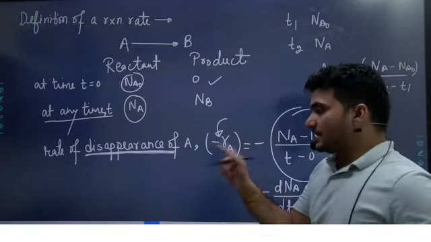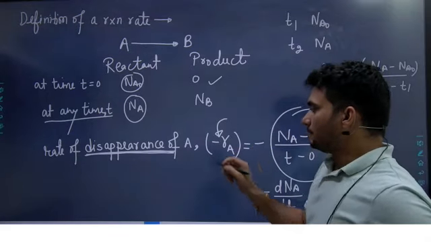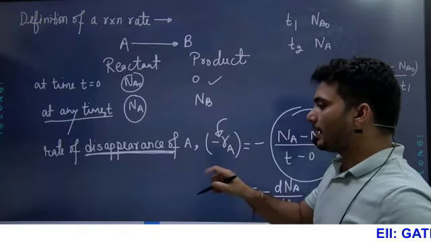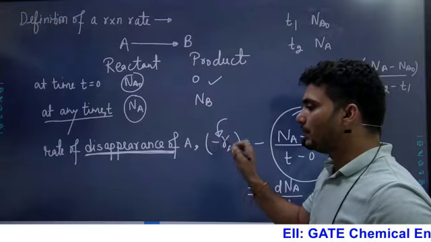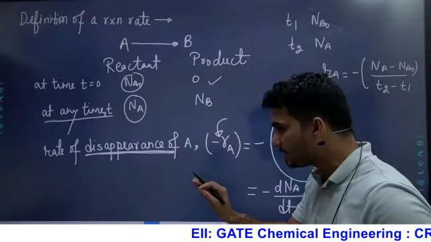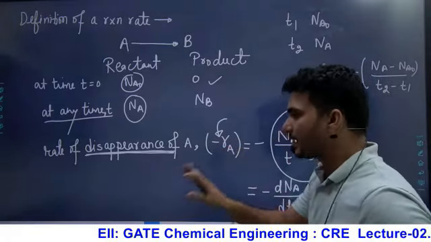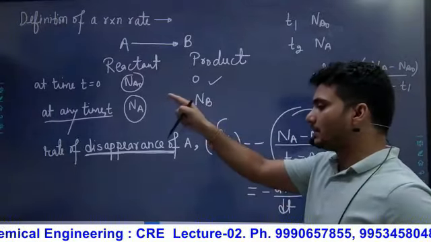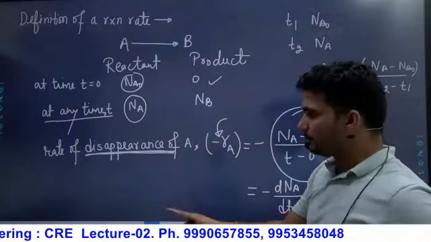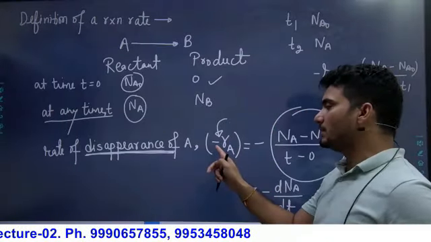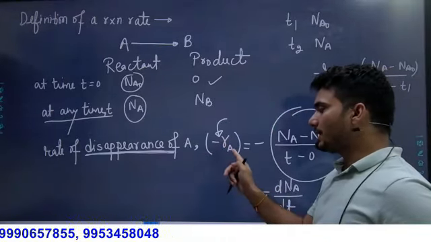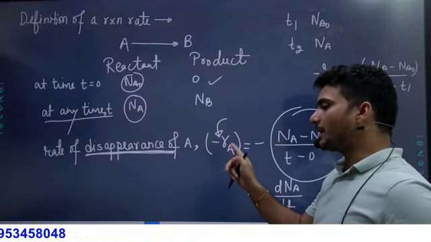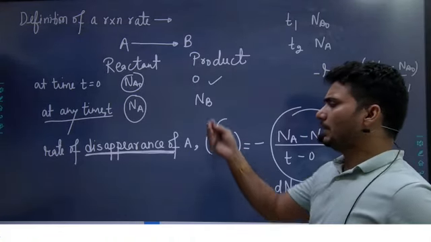Listen to my point very carefully. This negative sign will not be used in the calculation as such. It only tells us that the rate is written for the reactant, because the reactant will disappear, due to which I am using this negative sign. So for a reactant, that is minus Ri, where i may be any reactant.